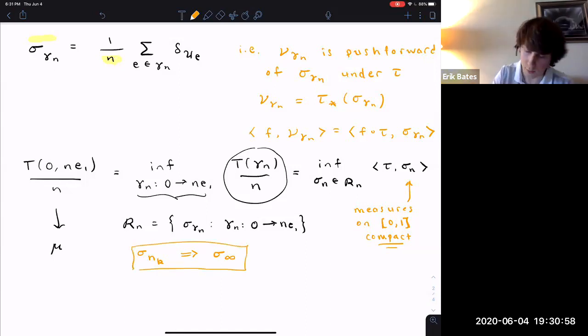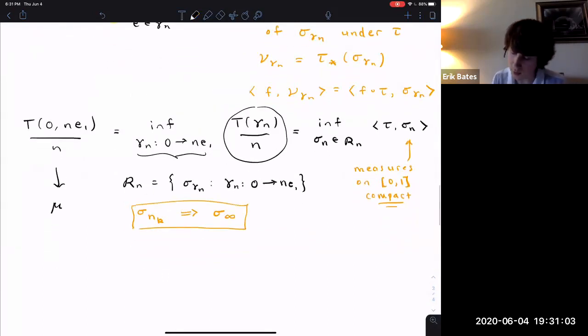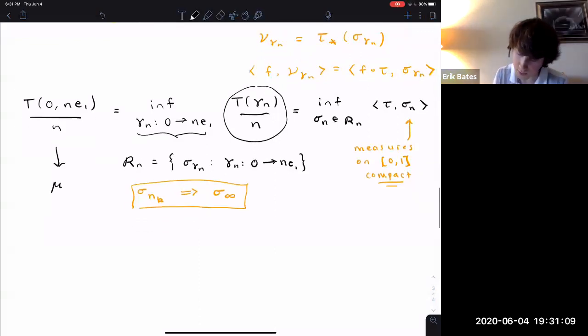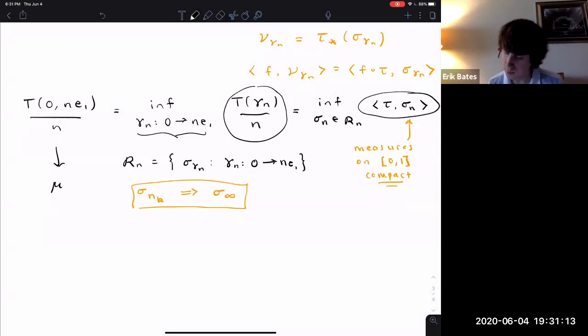Okay. And now, again, this is weak convergence. So again, ignoring the technical detail that tau is just measurable, but let's assume that it was bounded and continuous, then what this weak convergence would give us is that these tau integrated against sigma n's will just converge to tau integrated against sigma infinity.